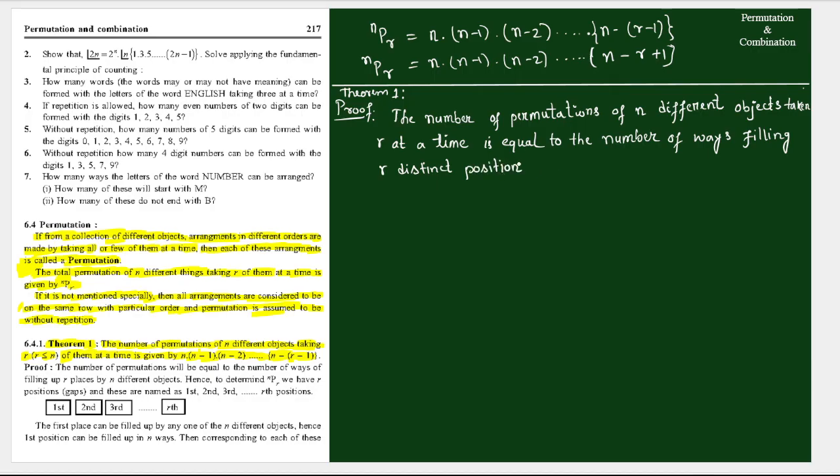How many positions are there? Here r positions are there. And how many objects do we have to use? There are n objects. Clear? We can refer to our earlier example: 5 objects and 3 positions.